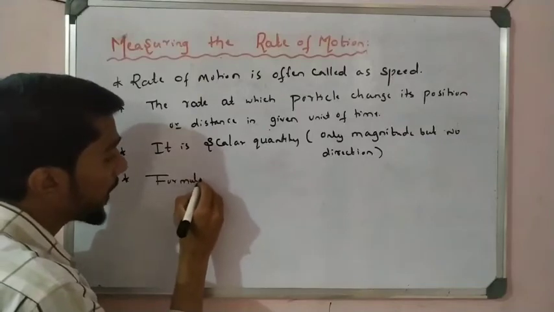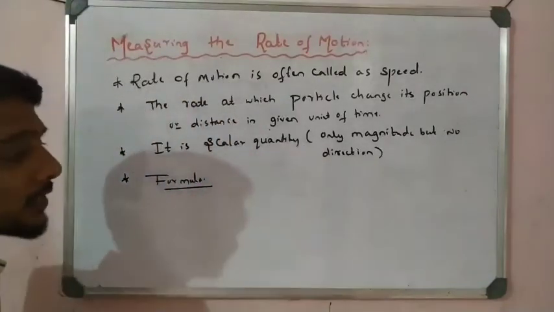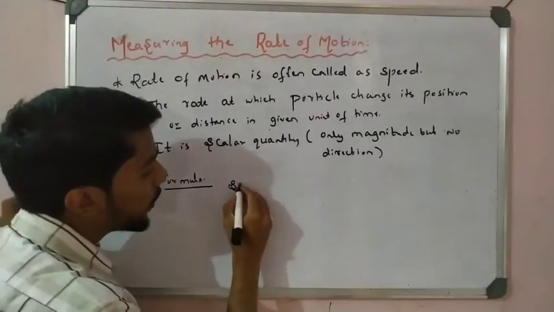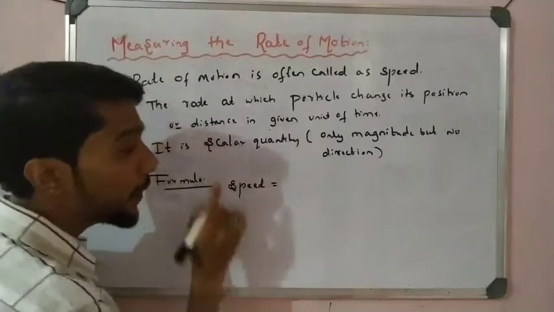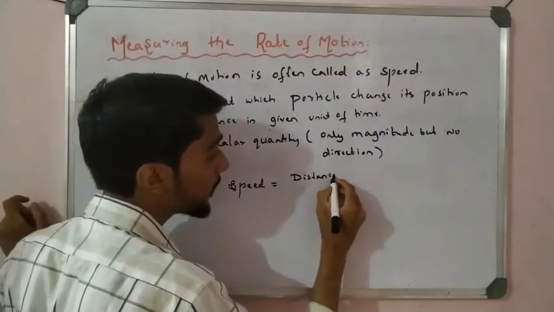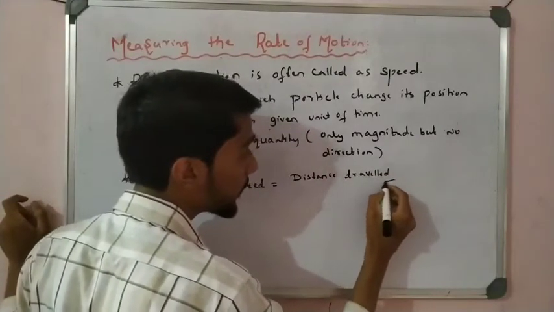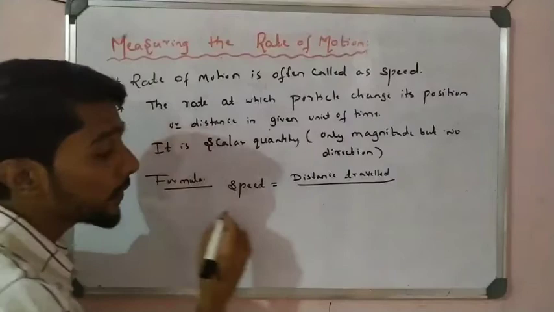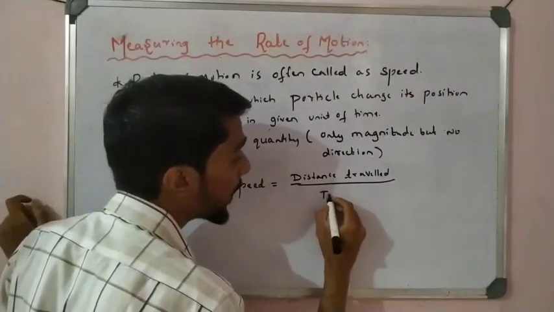That is very important, and most of the numericals ask this. So the formula is here. Speed is equal to distance traveled divided by time taken.